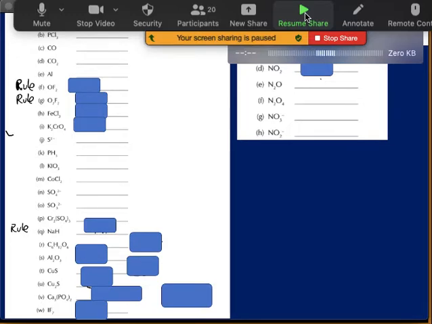Which pages in the Chem Live? No, it's not in the Chem Live book, it's in the workbook. Oh, okay.